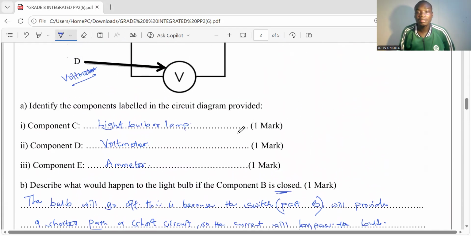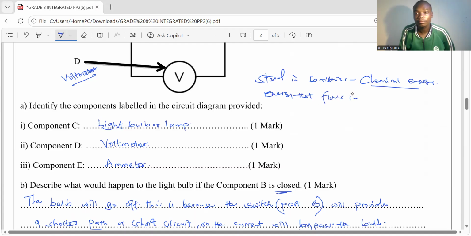The energy stored in the battery is called chemical energy. And the energy that flows in wires, we call it electric current.